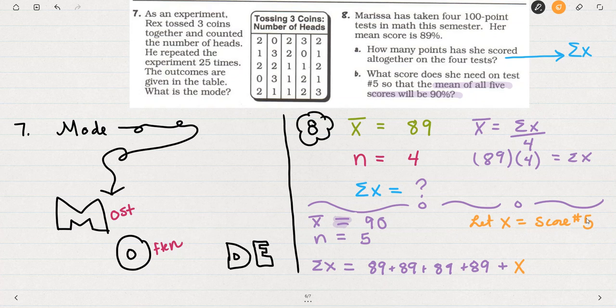Do you see that the formula, or the equation we could use, is that x bar is equal to her 4 89s plus her last score, her score 5, divided by 5. And solve for x: multiply 5 times 90, and then subtract the 4 times 89, and we would be left with x.